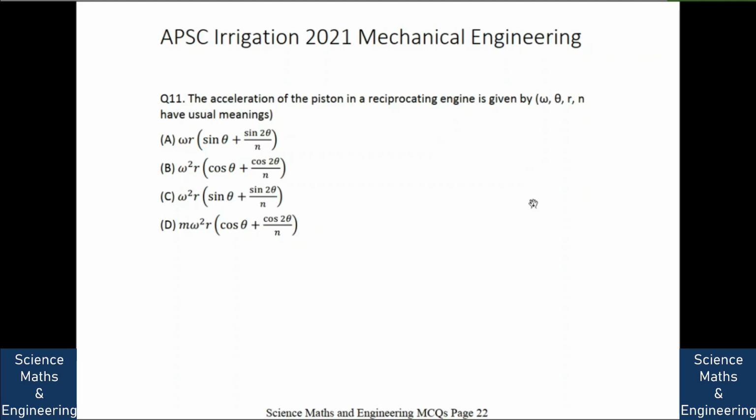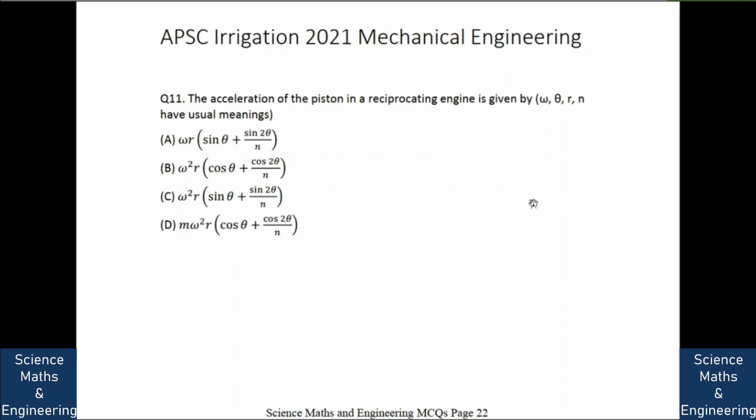The acceleration of the piston in a reciprocating engine is given by, we have to see the formula here. Omega, theta, r and n have their usual meanings. So it's given by what?